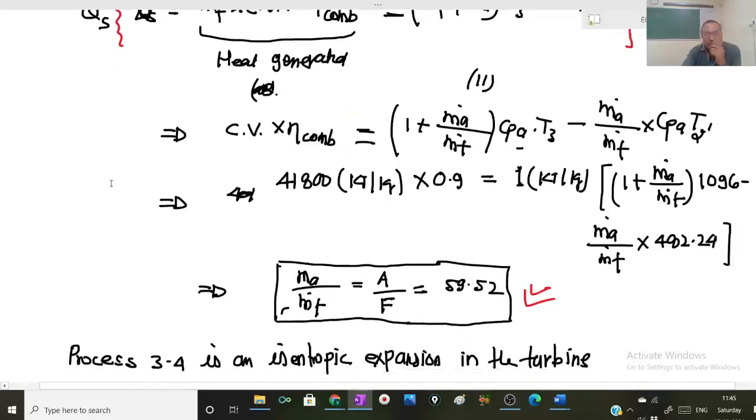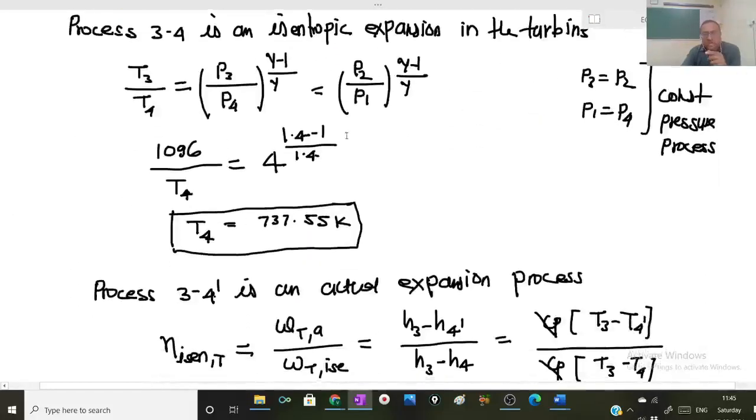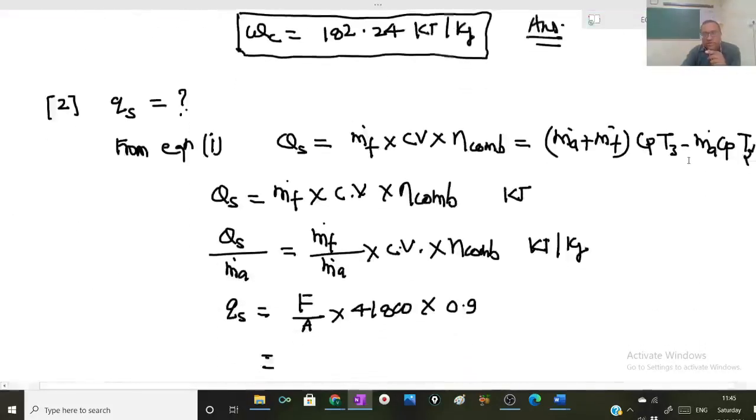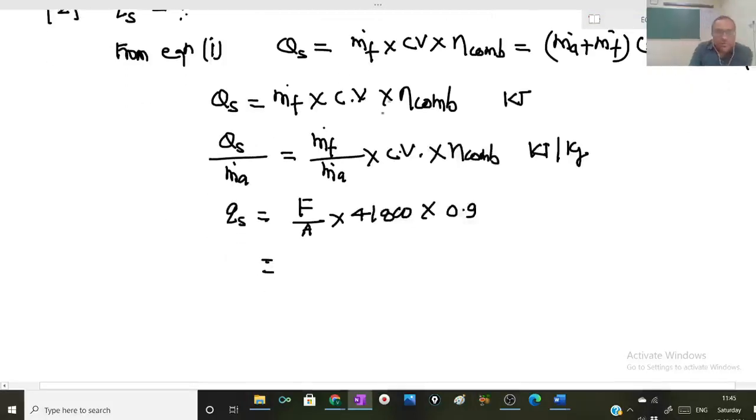Air fuel ratio is 59.52. So fuel air ratio will be the reciprocal of 59.52. So that value I can put here. One over 59.52 into 41800 into 0.9.